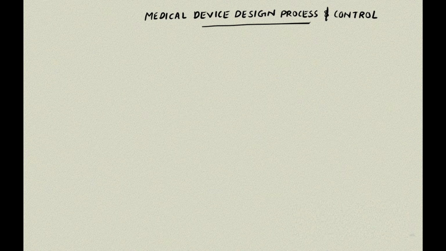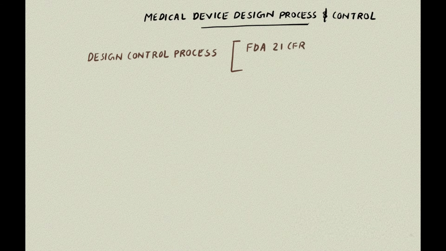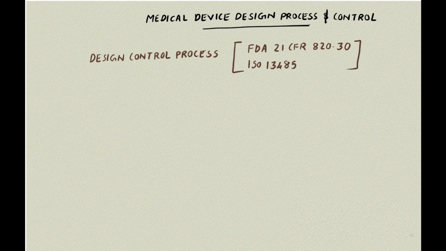So let's see what the design control process is, or what the control measures described in the design control process are. This design control process is well defined in FDA 21 CFR 820.30 as well as ISO 13485. The content we are going through is also similar, with a little more detailed information.